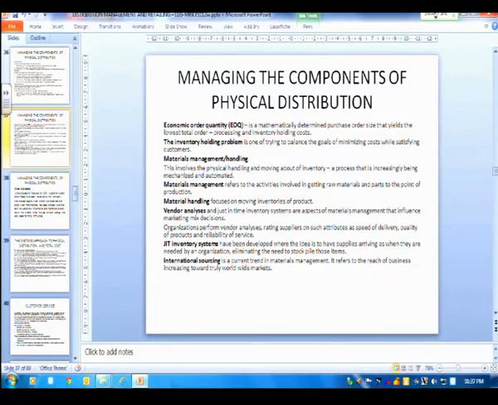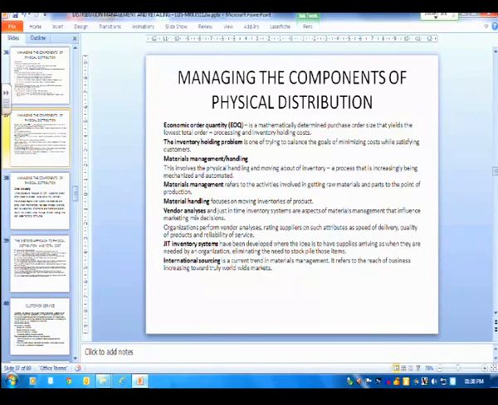Organizations perform vendor analysis, rating suppliers on such attributes as speed of delivery, quality of products, and reliability of service. And then a term commonly known as JIT, or just-in-time inventory system.